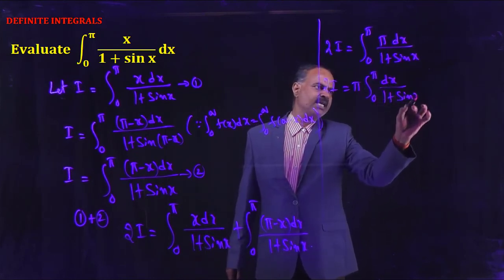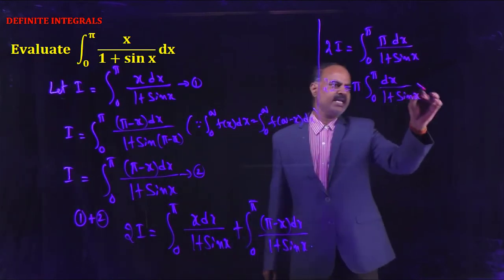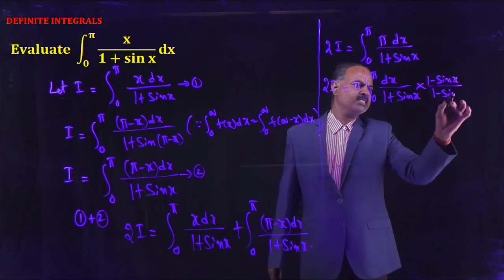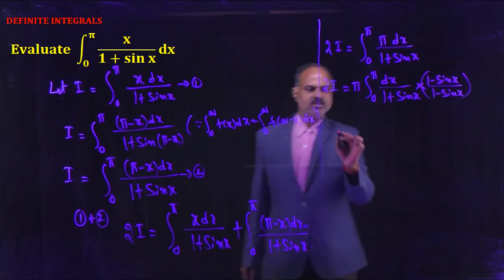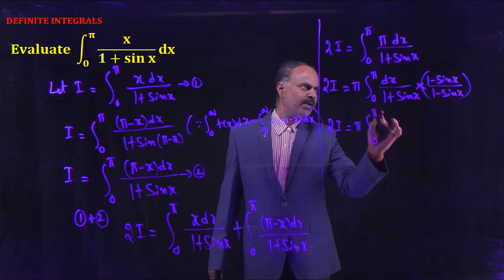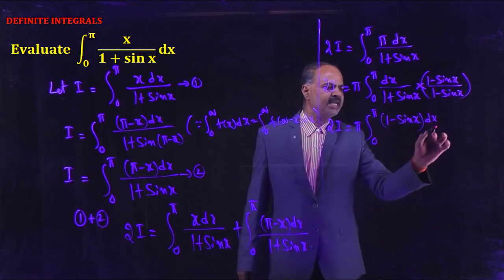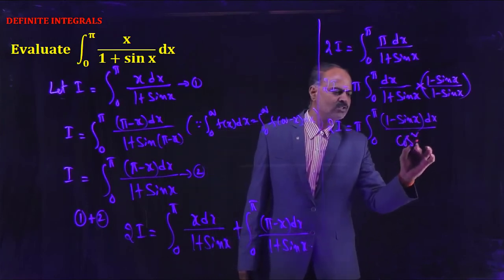Multiply both numerator and denominator by 1 minus sin x. So 1 minus sin x by 1 minus sin x. Now 2I equal to pi into integral 0 to pi 1 minus sin x dx by 1 minus sin square x, that is equals to cos square x.